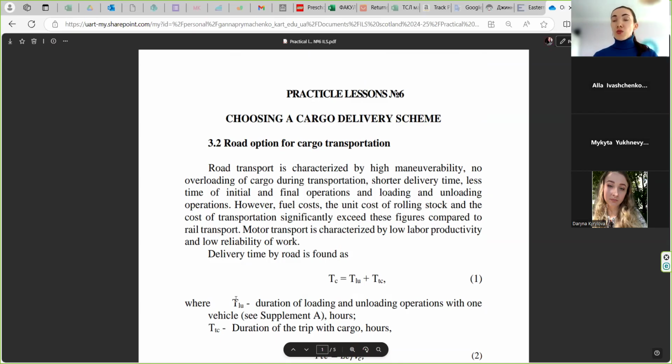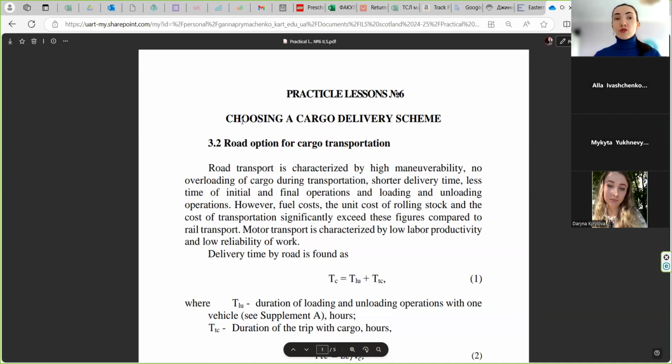And write, please, on your sheet or in your documents your first name and second name, and write that it is practical lesson number 6, and the topic of our lesson today: choosing a cargo delivery scheme, so it is railway transport or car transport.